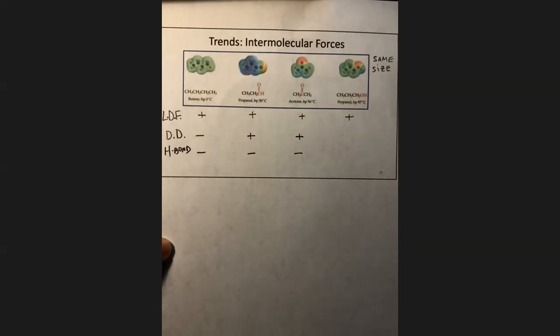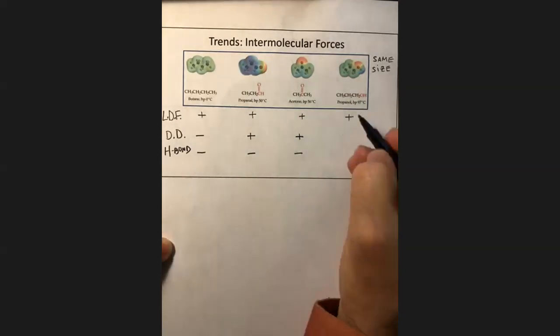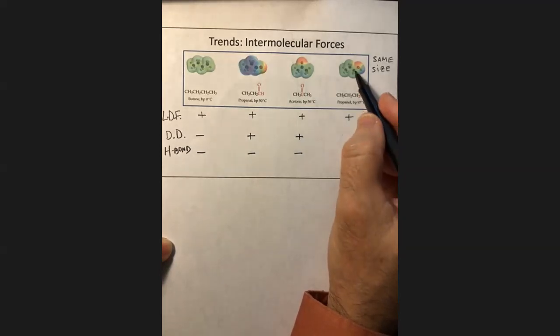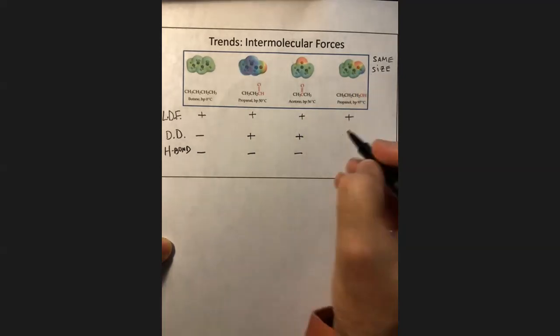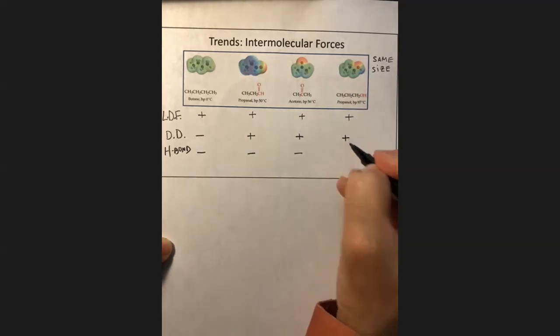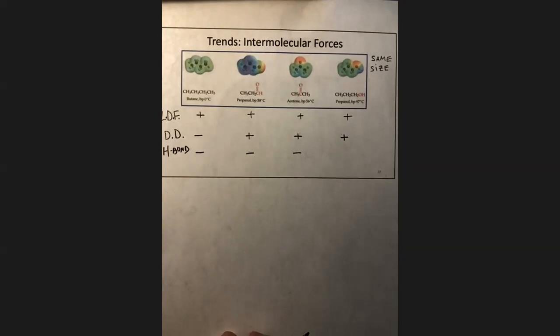Now let's look at the last one, propanol. Notice that the difference here is that in this case, you have at the very end, you have an oxygen hydrogen. You can see in the picture at the top that there is again an uneven distribution of electron density around that side. So that means that this molecule is polar and therefore capable of dipole-dipole forces. But there's an extra feature here.